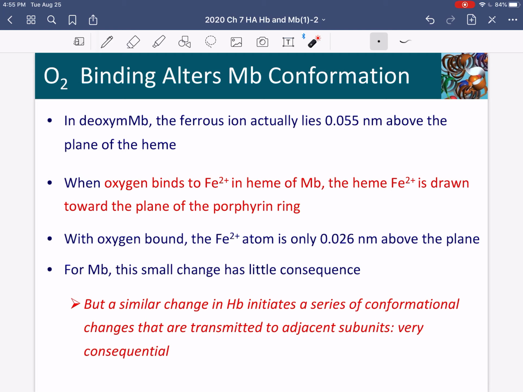And so it's that quaternary structure of hemoglobin, which is lacking in myoglobin, that makes oxygen binding cooperative and makes the binding curve sigmoidal. In fact, you cannot have cooperativity if you are a monomeric protein. Only proteins with quaternary structure can have cooperativity.